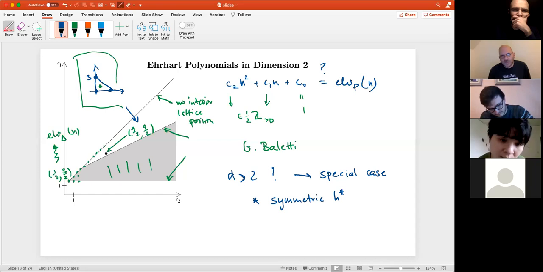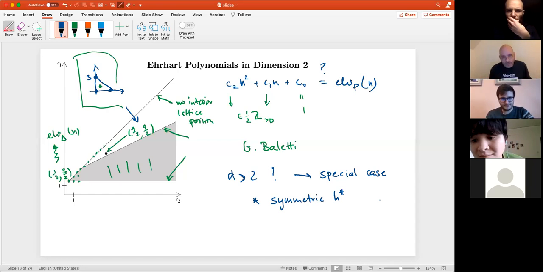This basically goes back to reflexive polytopes, which is in our exercises. In other words, the class of all lattice polytopes, in fact in any dimension, with a symmetric H-star polynomial is classified. I can tell you exactly which polytopes there are. And that's almost it, really, in general.